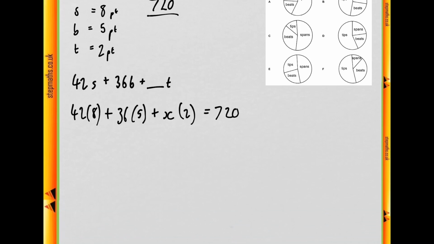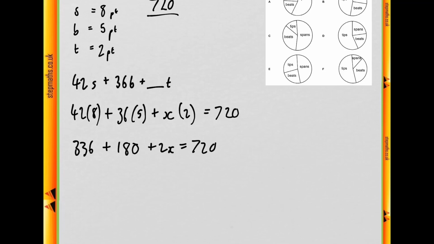So we know that 42 times 10 would be 420, minus 42 times 2, i.e. 84, would be 336, plus 36 times 5, which is 180, i.e. half 360, and 2x gives us 720.